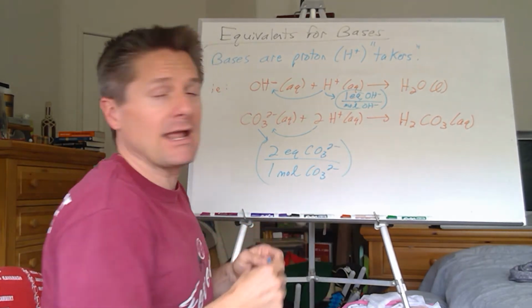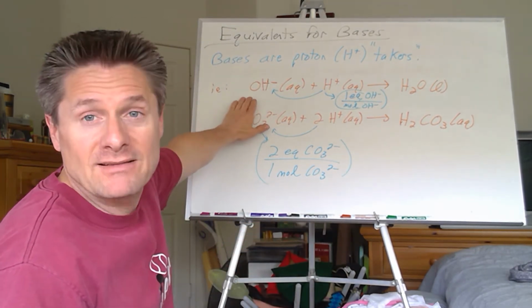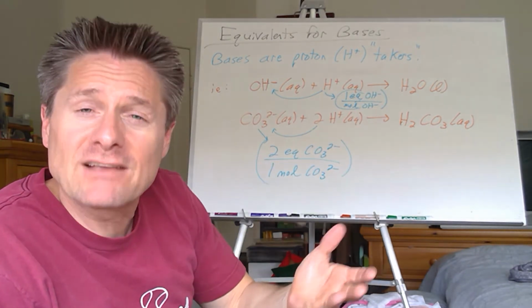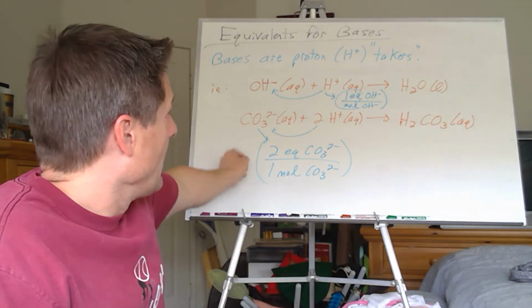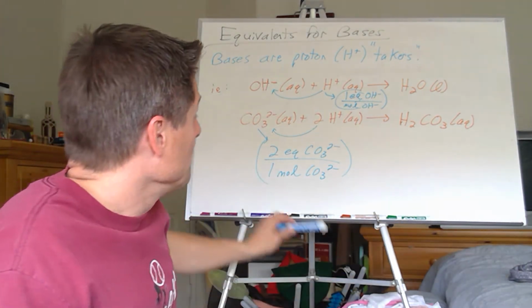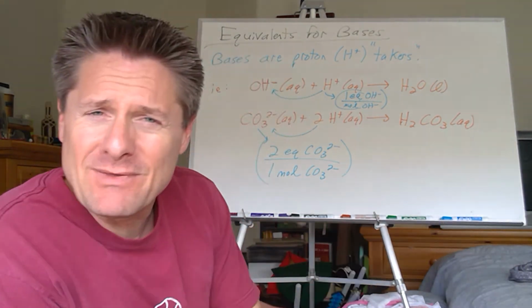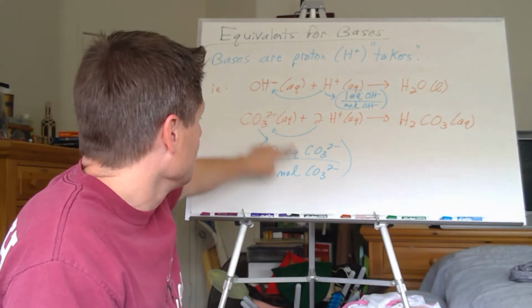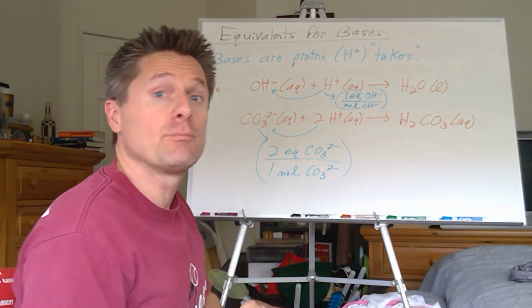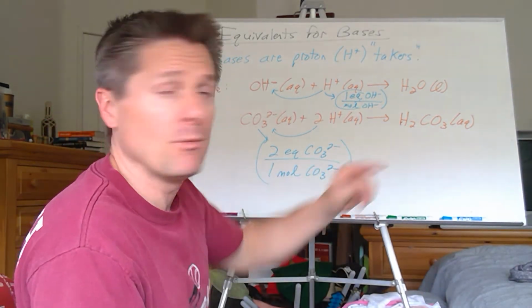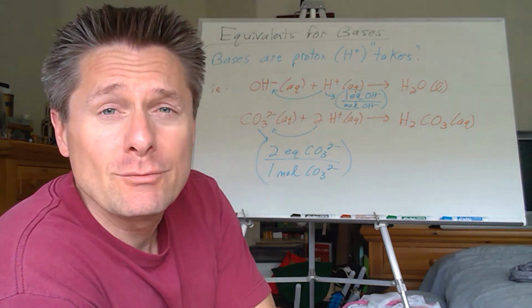You could even do that in a compound. You could say like sodium hydroxide. Right? Still picks up 1 hydrogen. The sodium doesn't do anything, so sodium hydroxide would be 1 equivalent per mole. I could do sodium carbonate. You just ignore the cation and look at the anion. So pretty much, if we want to keep this as simple as possible, just look at the charge of the anion, and that will be the number of equivalents per mole. Let's kind of put that up here, assuming it picks up enough to become a neutral species, and we're going to assume that in this class.